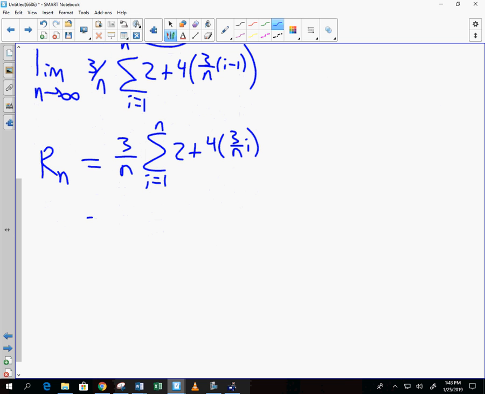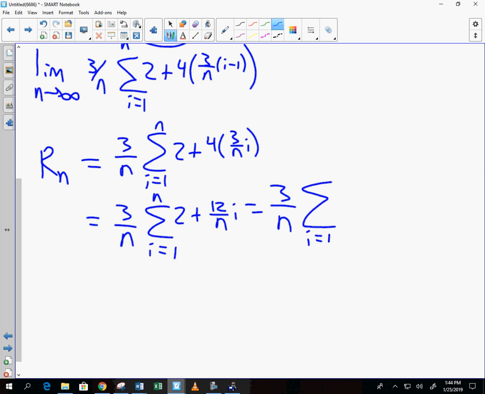We did that last year, and we said that's 3 over n times the sum from i equals 1 to n of 2 plus 12 over n times i, which is the same as 3 over n. I'm going to divide up into two summations now. Sum from i equals 1 to n of 2 plus 3 over n times the sum from i equals 1 to n of 12 over n times i.